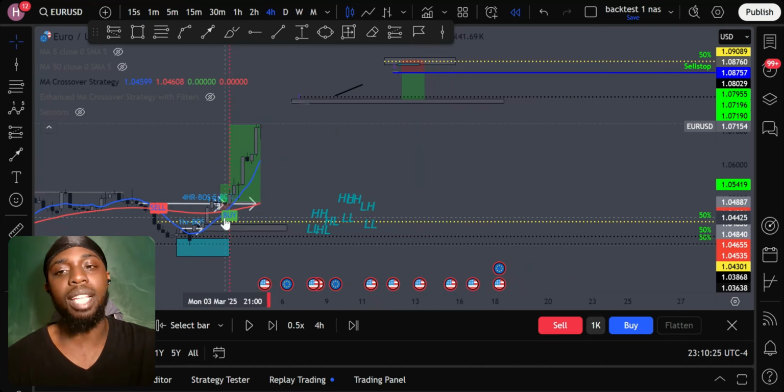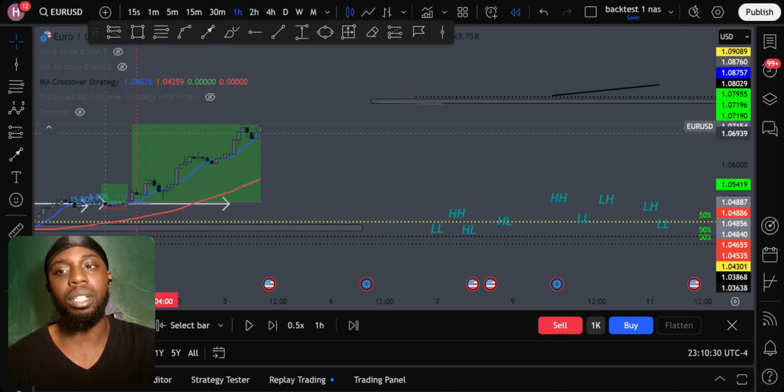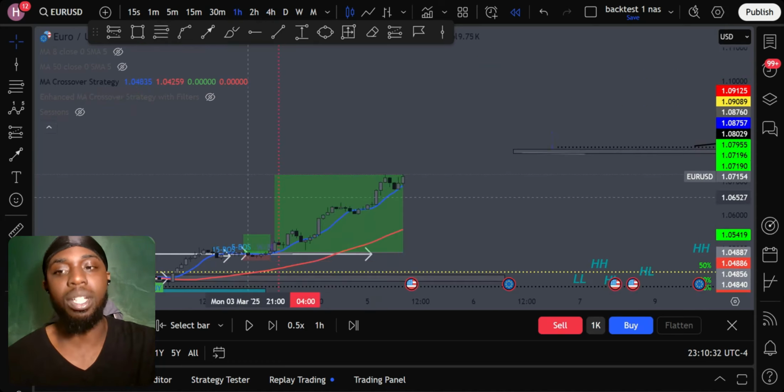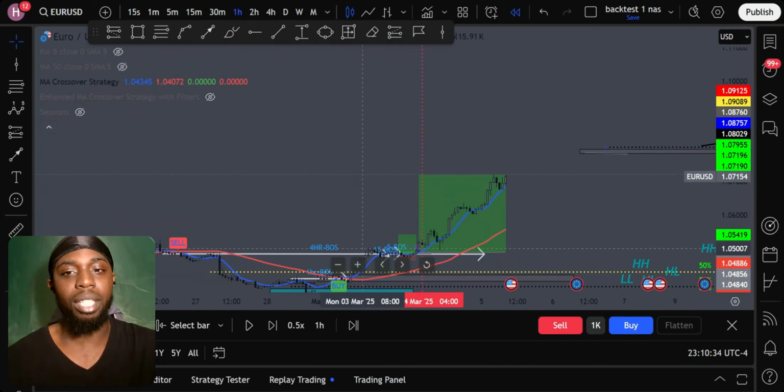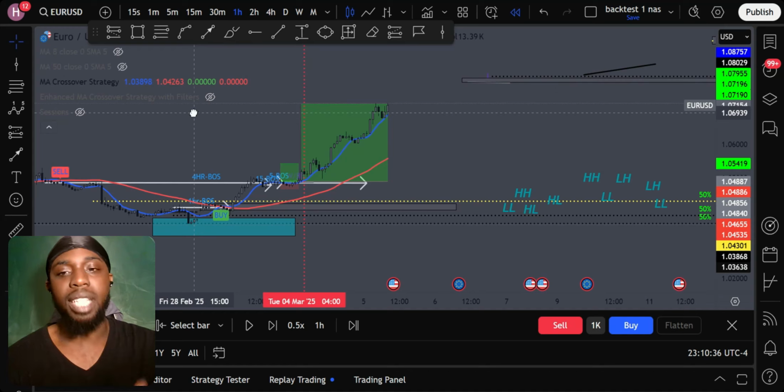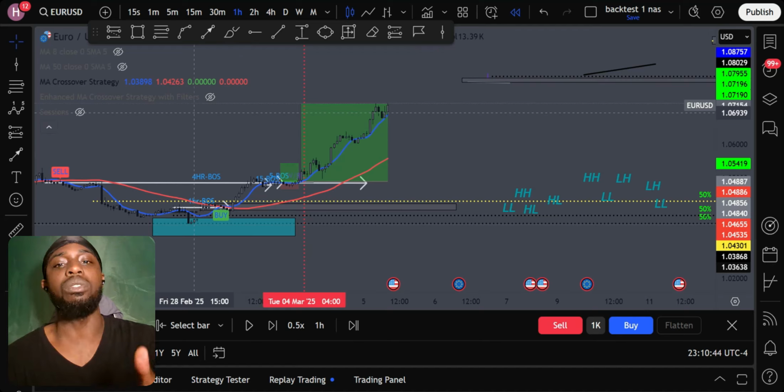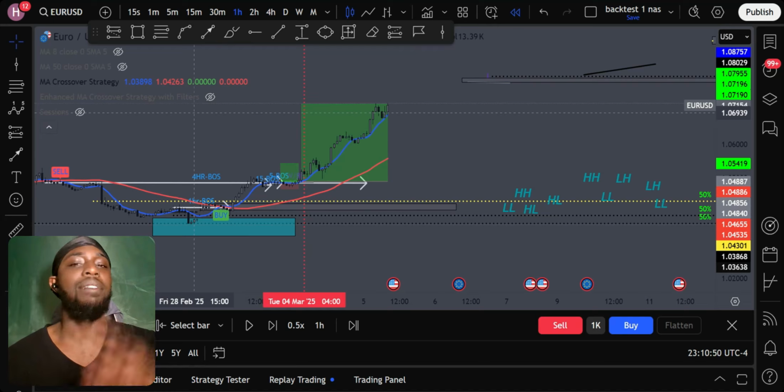Once I saw that printed, I was like, okay, what I'm looking at on the lower time frame coincides with the 4 hour break that I saw, and the indicator is helping me get higher confluence and making me more confident in that trade, which allows you to hold it, up your lot size, and not have to look at the charts.